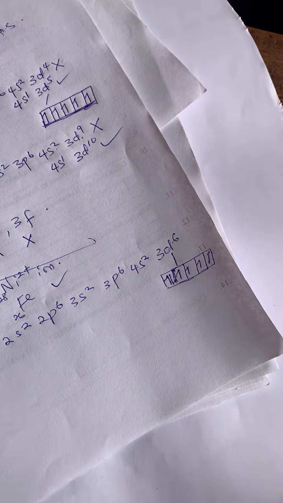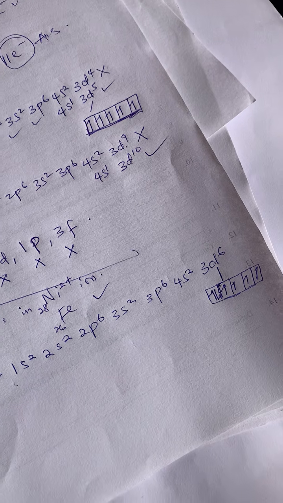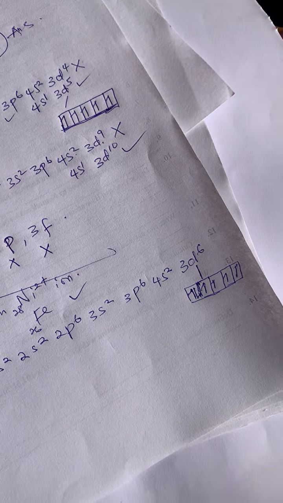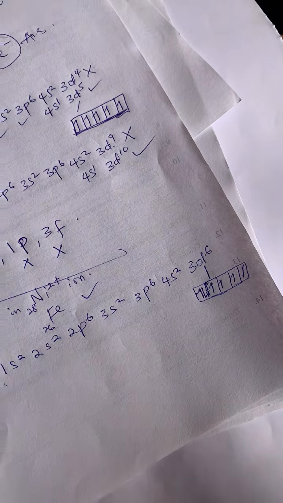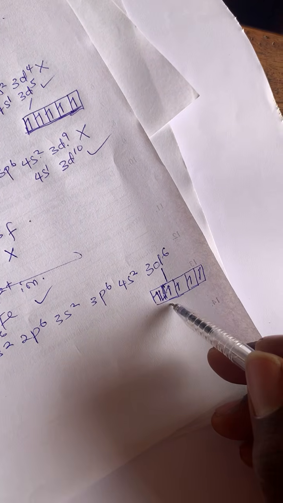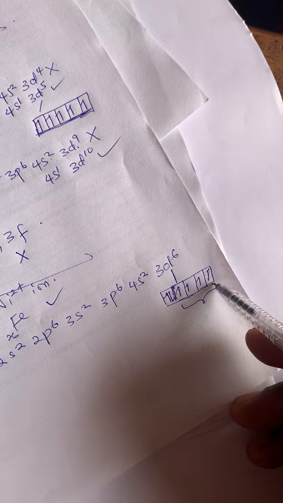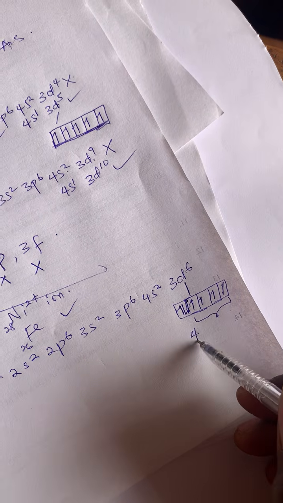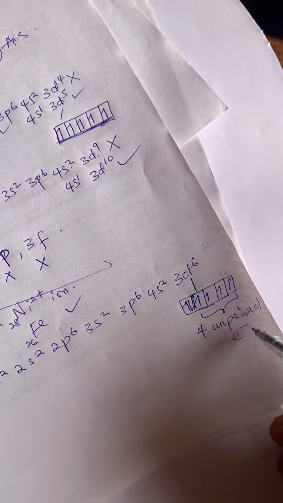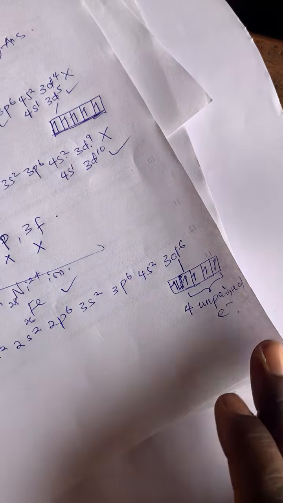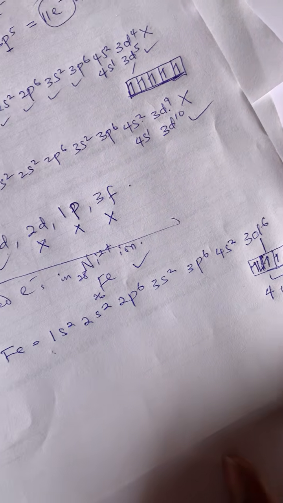When electrons enter degenerate orbitals, the electrons must enter singly first before pairing is possible. So looking at this, you are going to observe that there are 4 unpaired electrons here.